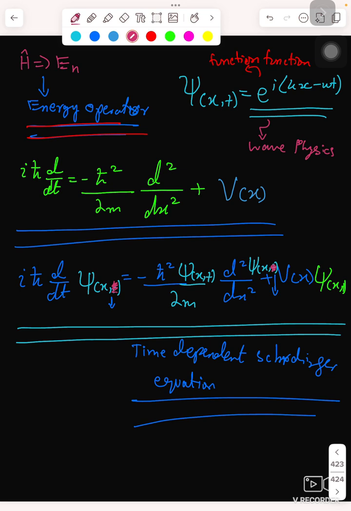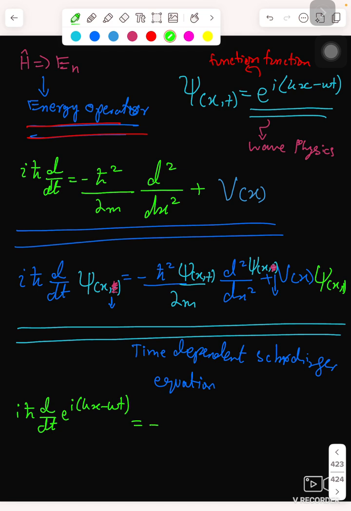So this equation can be written as: i h bar d over dt of e^(i(kx minus wt)) is equal to minus h bar square over 2m, again d square over dx square of e^(i(kx minus wt)).